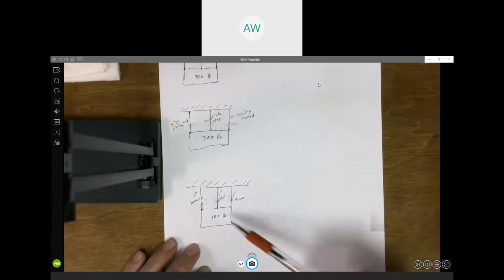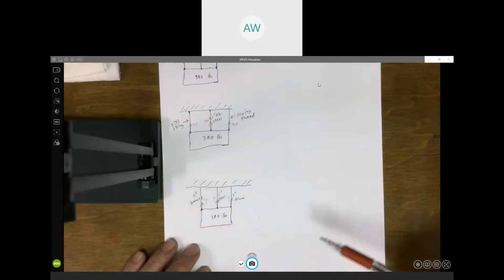But in this case, it's also smaller than the other two. So something like this, we cannot just look at and say, hey, each one's going to carry 100 pounds. That's not going to be the case.